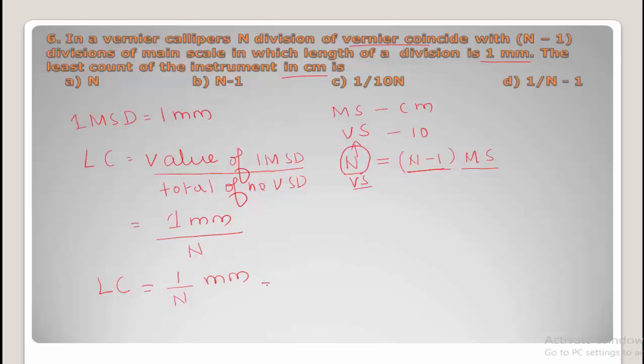So convert this to centimeter, 1 by n. To get centimeter we have to divide it by 10, isn't it? Divide it by 10. So what is the final answer? 1 by 10 n centimeter. So the least count of this vernier calipers, where one division value is 1 millimeter, becomes 1 by 10 n. So this answer is option C.